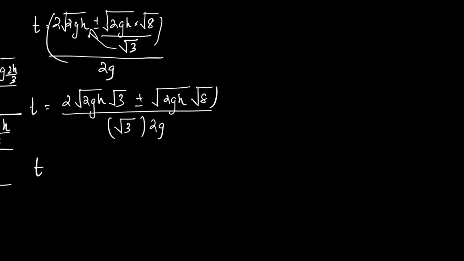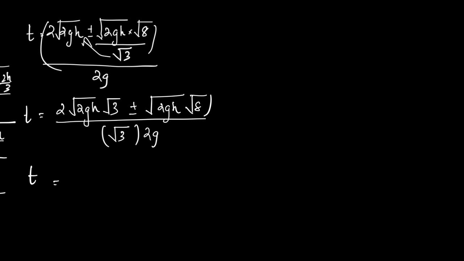So t here can be written as, now what I'll do is I'll take root of 2gh common. Wait, that's not the only common term here, so okay, let's continue writing.